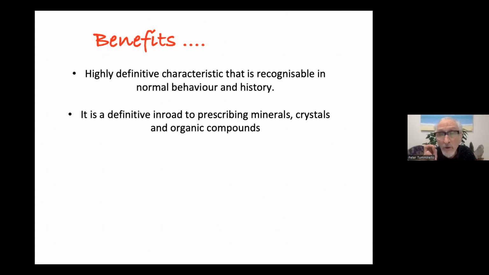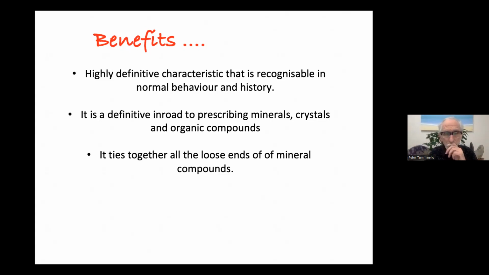They all have a crystal structure and are, to some degree, dominated by it. As well as for a compound, let's say magnesium phos, as well as the magnesium and the phos element, there's the way they come together, and that's governed by crystal structure. It ties together all the loose ends of mineral compounds.